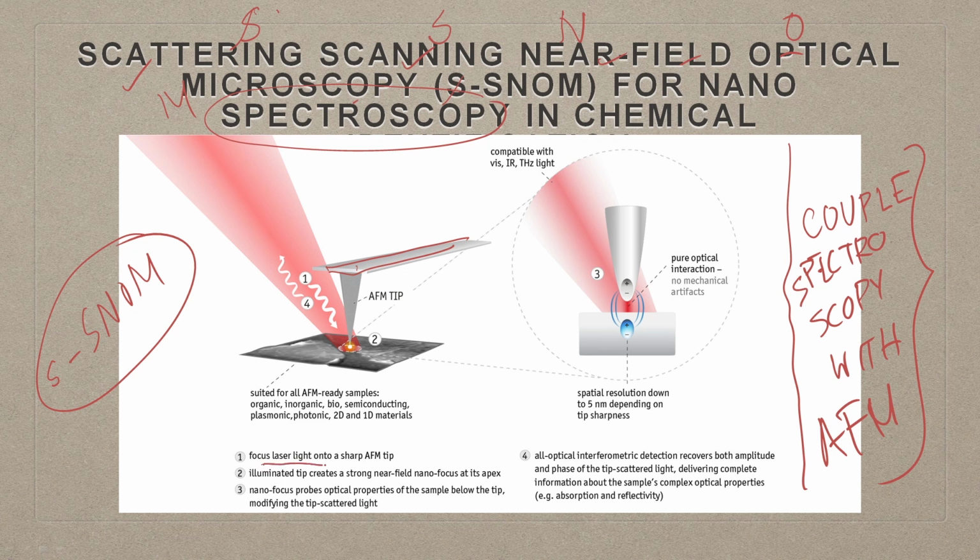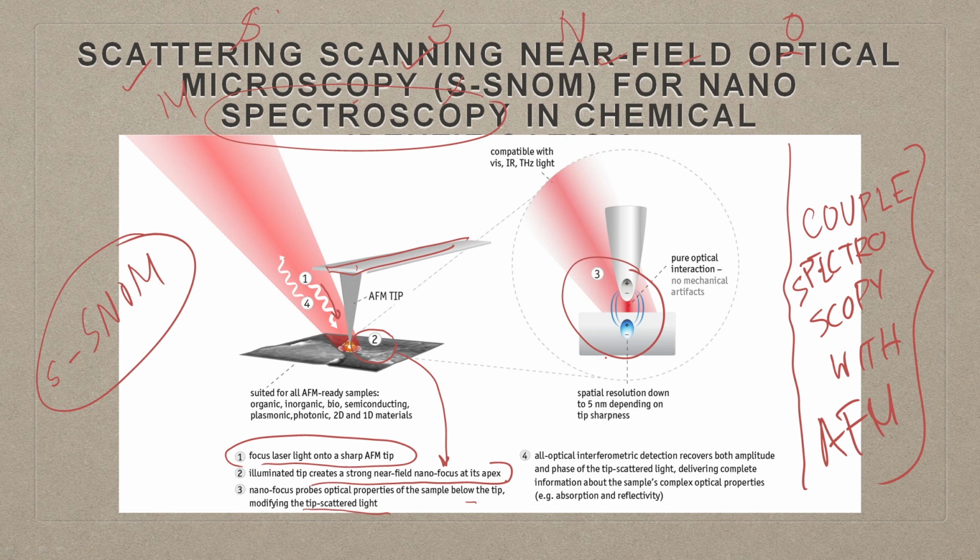So step one: focus the laser light onto a sharp AFM tip. You see, this is the incoming laser beam. Illuminate the tip to create a strong near field nano focus at the apex. Third thing, which is exactly this event: the nanofocus probes optical properties of the sample below the tip, modifying the tip scattered light.